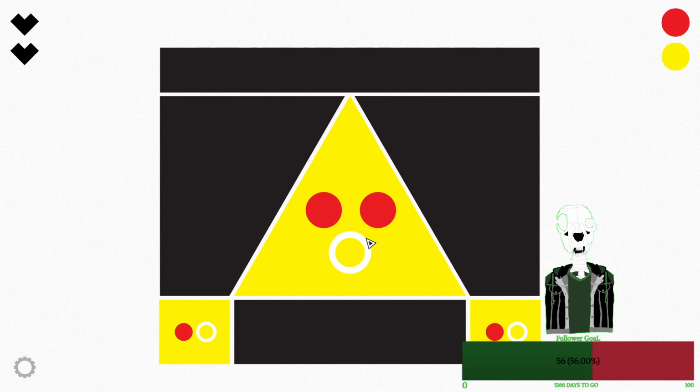Two reds and a yellow, so this affects these, and this affects these. So on either of these, one has to be red and one has to be yellow, one has to be red and one has to be yellow.